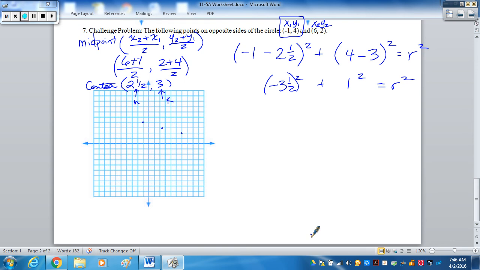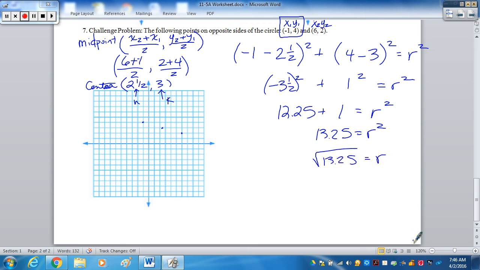So don't forget to leave the parentheses around it there. So 3.5 squared, 12.25. Square of 1 is just 1, so we get 13.25 is the radius squared, and the square root of 13.25 is the radius length.